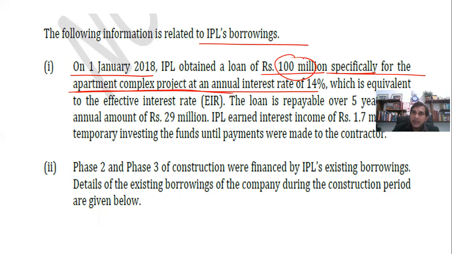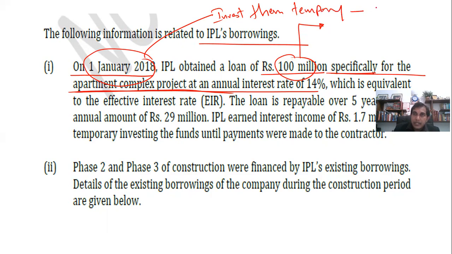Then, since 100 million was obtained, but there are a few dates, the payment dates, right? So this particular loan was obtained on this date, so the entity can invest them temporarily and earn some interest, because there are specific dates to be paid to the contractor.